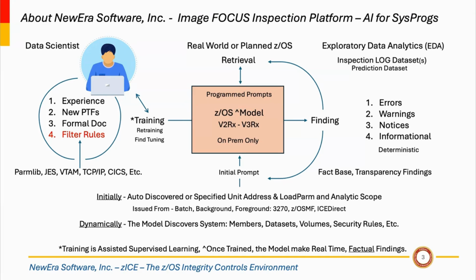Essentially, our team, system programmers, now commonly referred to as data scientists, use their own experience, the experience of customers, IBM formal documentation, and any new PTFs as they come out, essentially to train, retrain, and fine-tune the model in order to provide it not only with a rule set that encompasses what to do with its findings from the system itself, but also a number of pre-programmed prompts that are focused into the specific system that you define, either a running system or some future system, and retrieve those findings from the system and then apply the rules themselves.